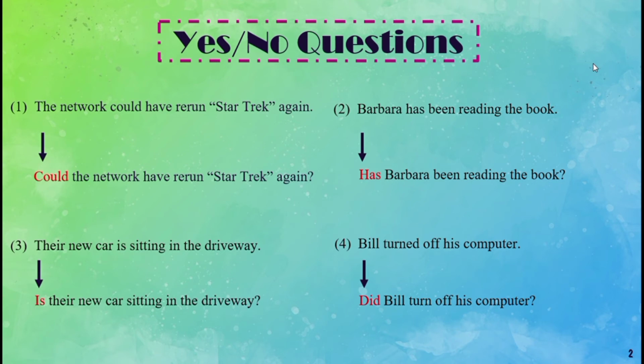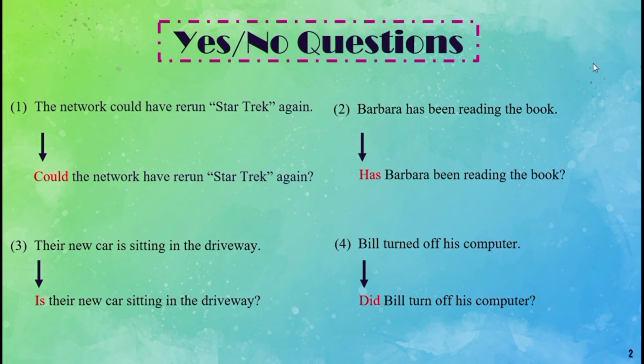If we want to change a sentence into a question, we just have to place the auxiliary verb in the first sentence, which is could, followed by the rest of the sentence. So it became, could the network have rerun Star Trek again? As you can see, it is only answerable by yes or no. Yes, it could, and no, it couldn't. Meaning, it's just asking for a simple confirmation.